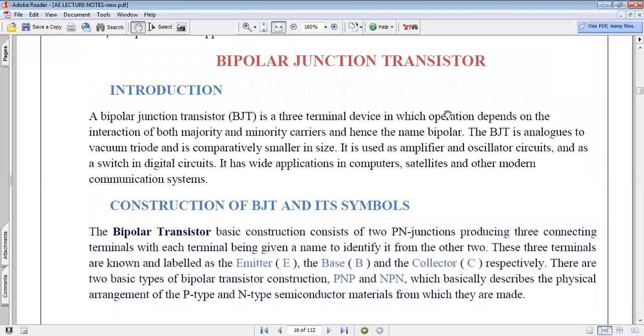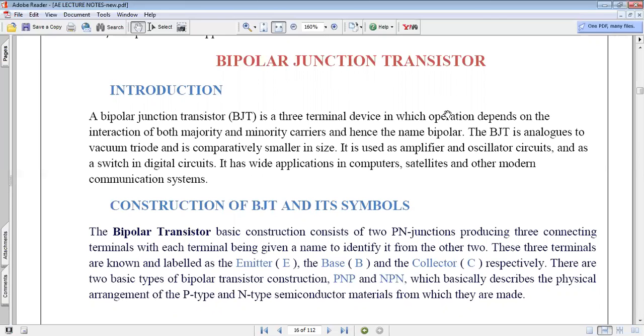So in all, this device offers transfer of resistance, because of which the current flows inside the device. It is mainly made up of semiconductor, and therefore it is widely used in electronics engineering as a switch, as an amplifier, as an oscillator, as a multivibrator. So it has got so many applications.